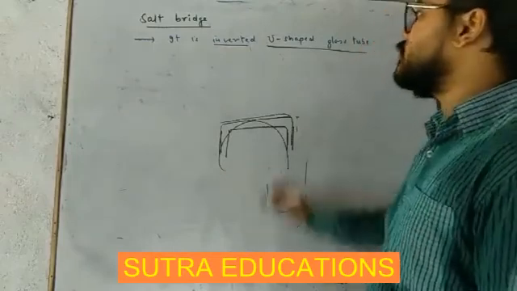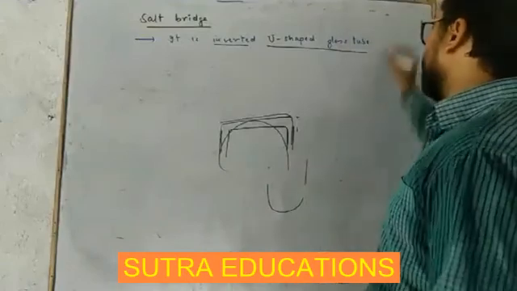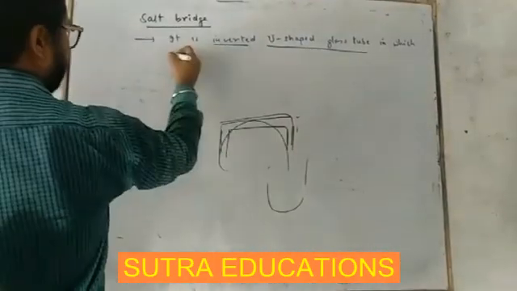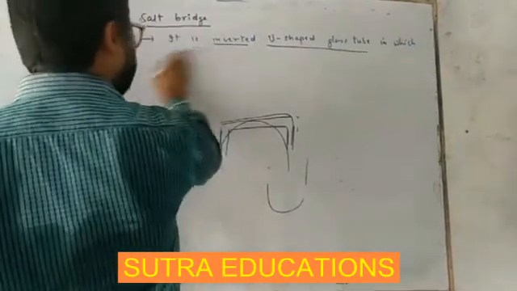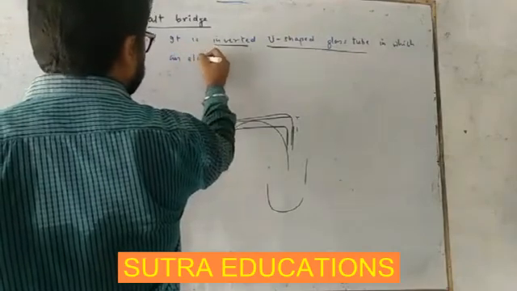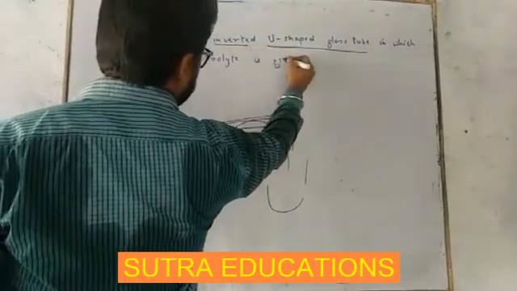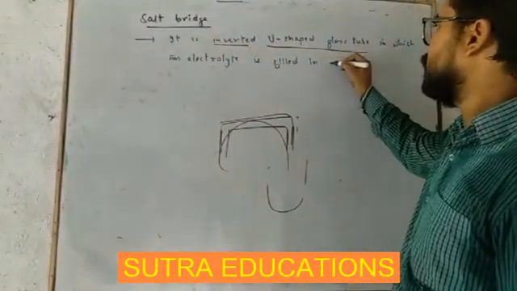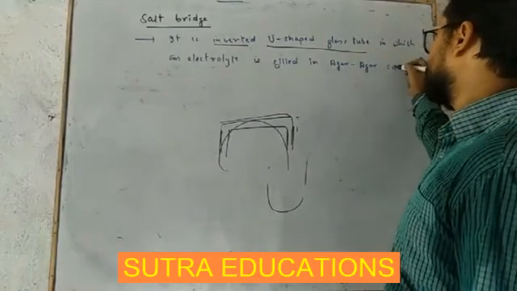So it is an inverted U-shaped glass tube in which an electrolyte, here meaning salt solution, is filled in agar solution.